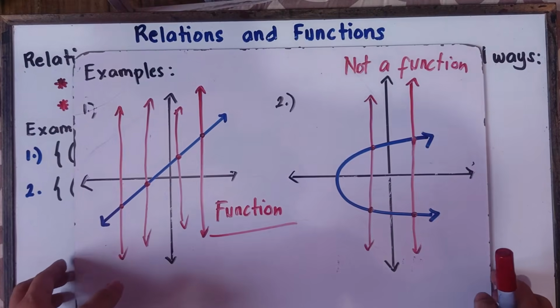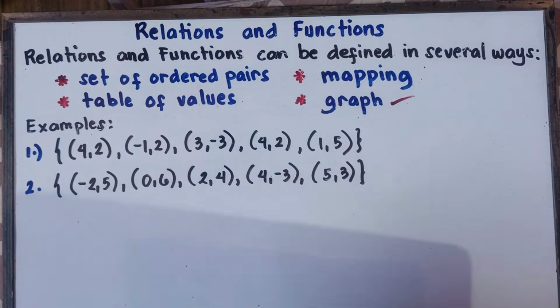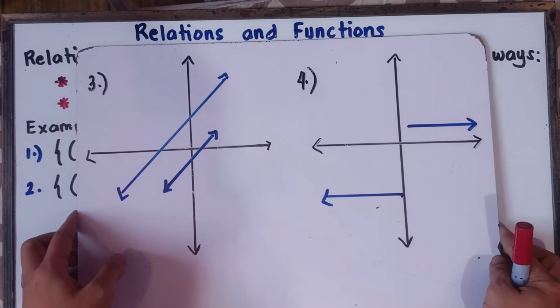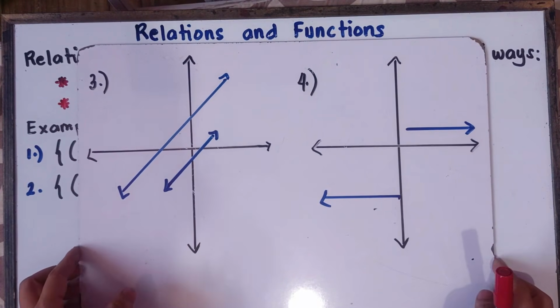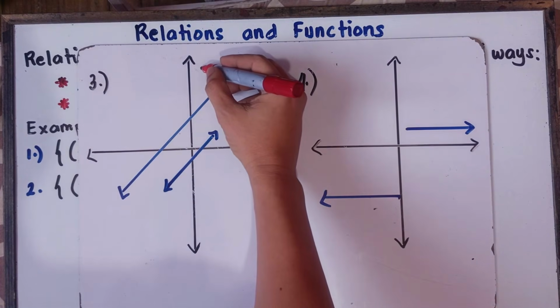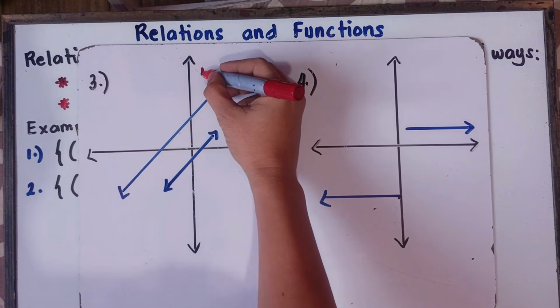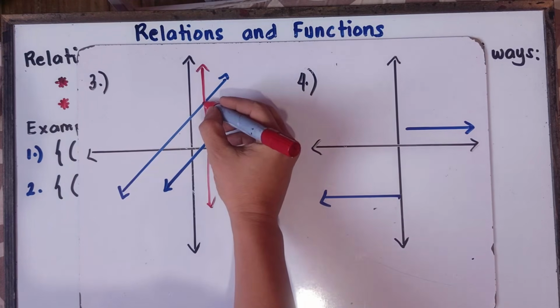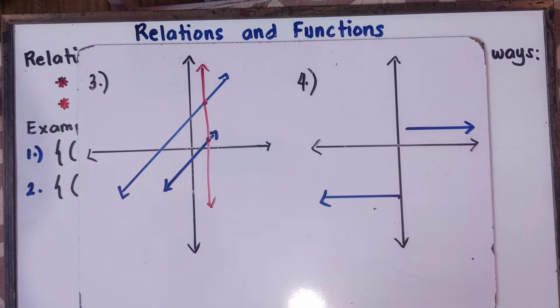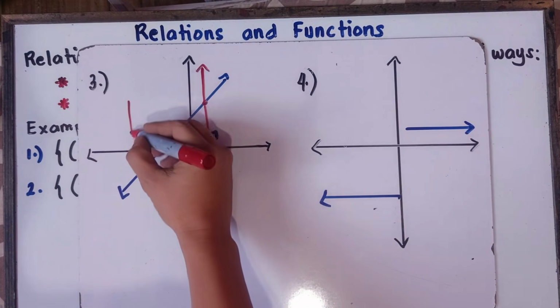Alright, so let's have example number 3. Another example, then later on you will have your activity. Once again, simply draw a vertical line test. Let's have this one. How many points? We have 2 points, 1 and then 2. How about this one?